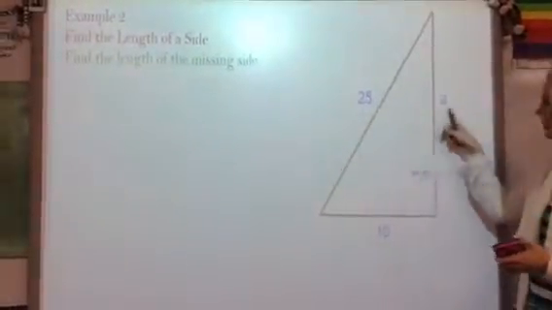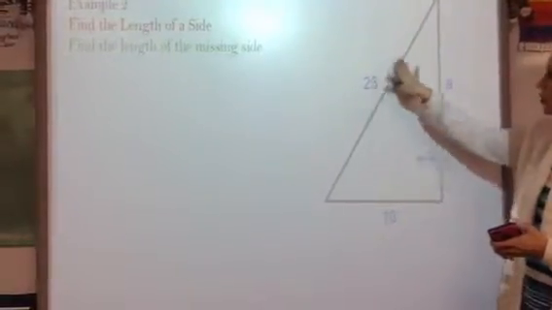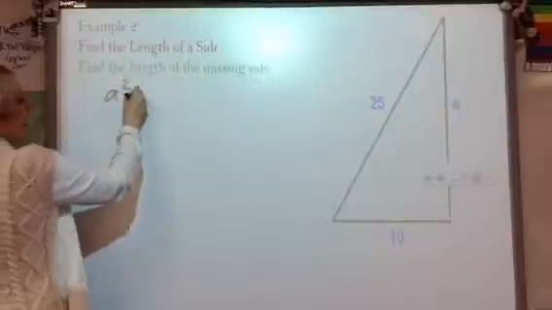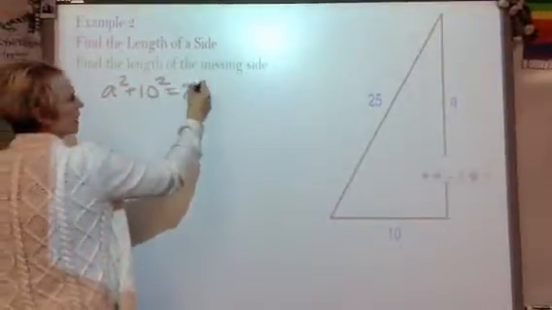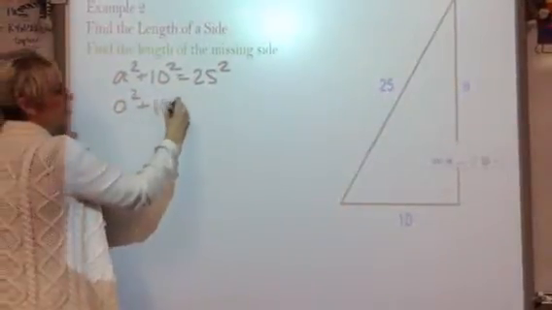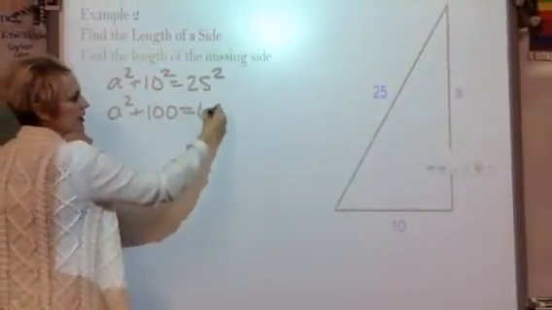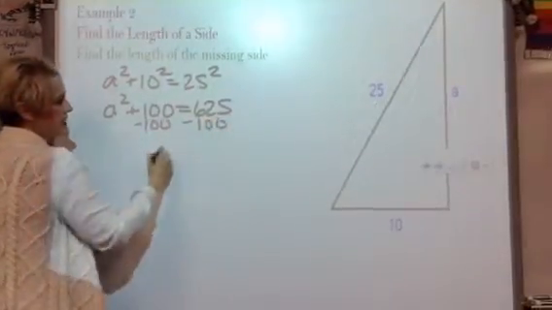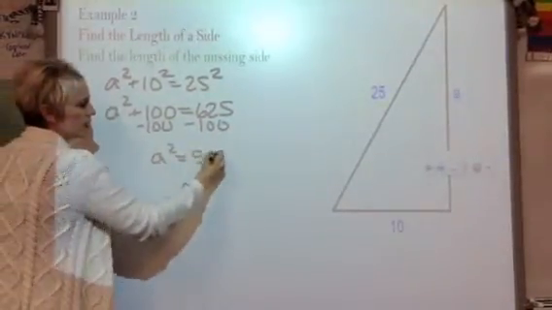Now in this case, I'm missing a leg. As you notice here, I have the hypotenuse squared. So I have a squared plus 10 squared equals 25 squared. I don't know what a squared is, so I'm going to leave it as a squared, but I do know 10 squared is 100 and 25 squared is 625. So I subtract 100 to get a squared by itself.